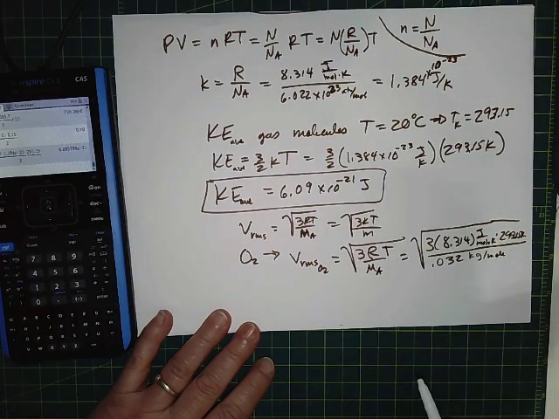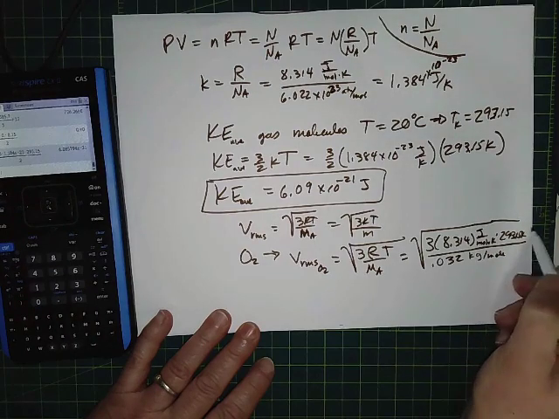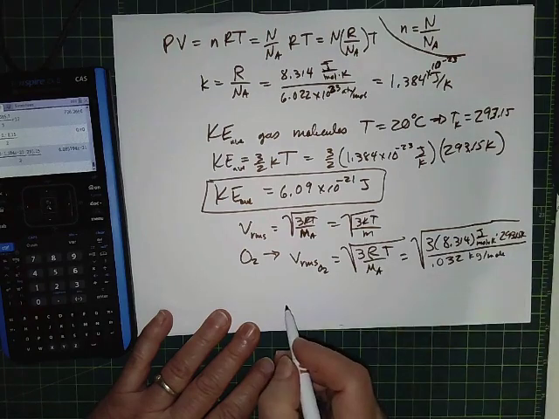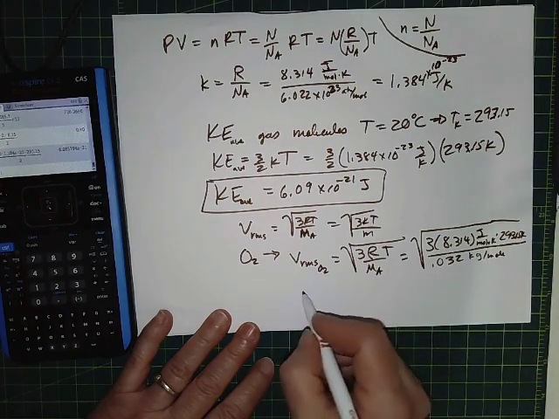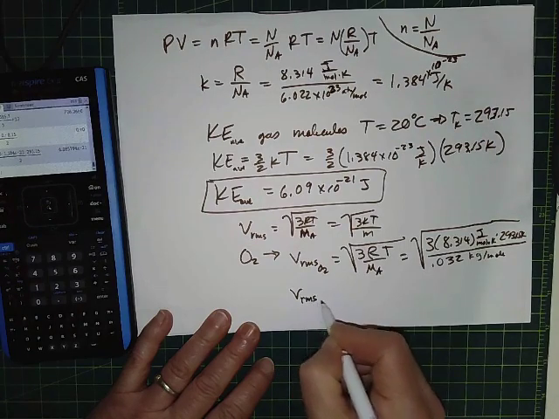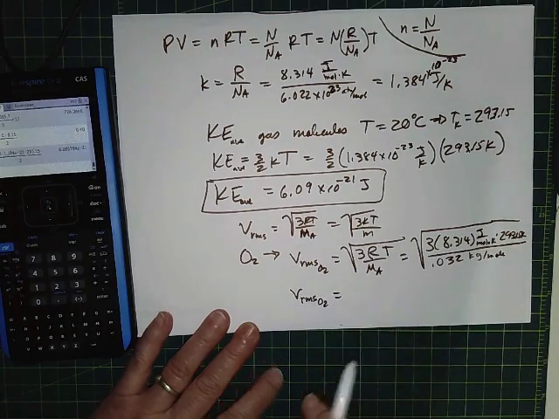Alrighty. We've got moles, Kelvins, joules and kilograms that will cancel out, and we've got everything in standard units, so we should get velocity in meters per second. So let's put those numbers in.